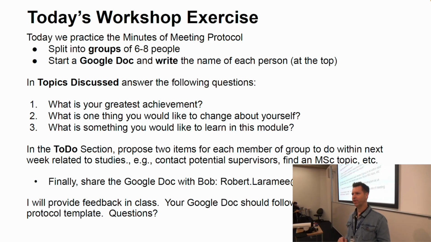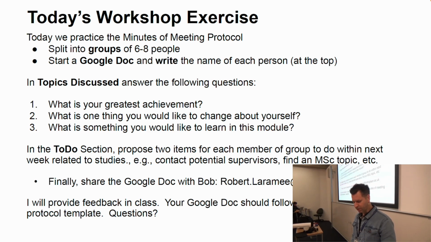Then, in the topics discussed section, you're going to ask each person in the group 3 questions. What is your greatest achievement? What is one thing you would like to change about yourself? And what is something you would like to learn in this module? And you're going to write it down in the minutes of meeting under the topics discussed for each person.